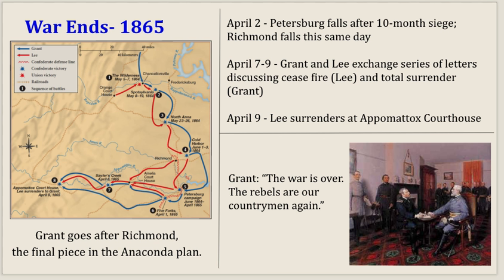Lee is replying well, I don't know if I'd quite use the word hopeless, but what kind of terms did you have in mind, just in case we were interested? And these letters go back and forth a number of times as the troops continue to shuffle after each other, right? Lee's trying to get away. Grant is pursuing. This goes on until April 9th, 1865, when Lee surrenders in a town called Appomattox Courthouse. That is the town name.